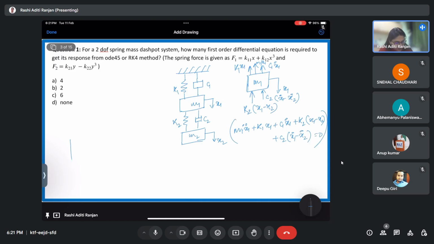Similarly, if I apply it for the second mass, which is m2, we'll get the equation of motion as this.